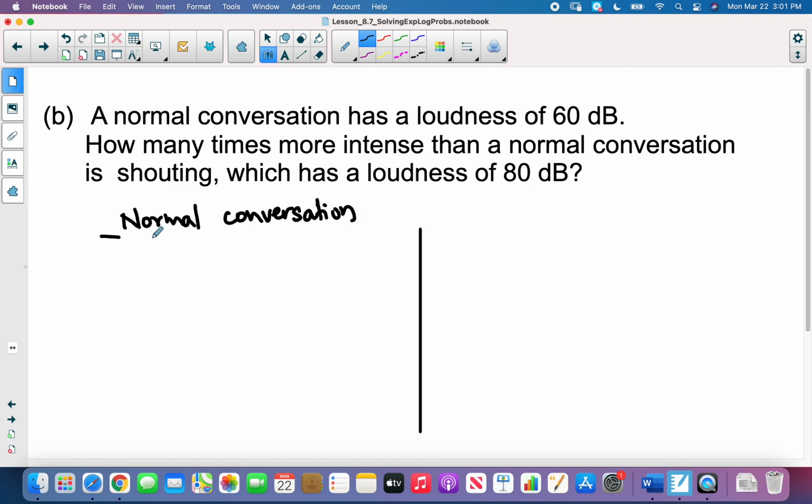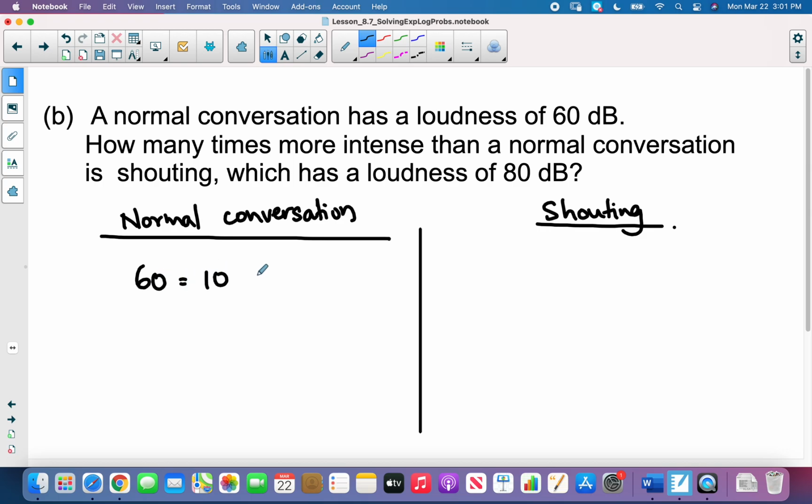In a normal conversation, 60 decibels is 10 times log of I divided by I0. And for shouting, 80 decibels is equal to 10 times log of I divided by I0.